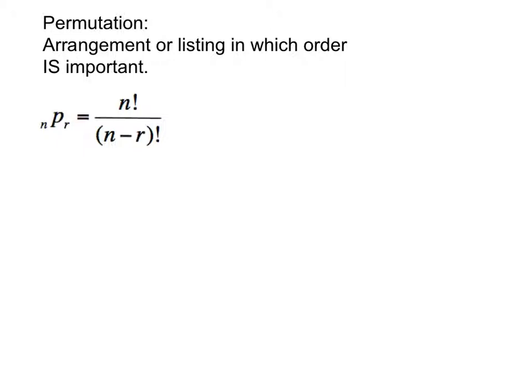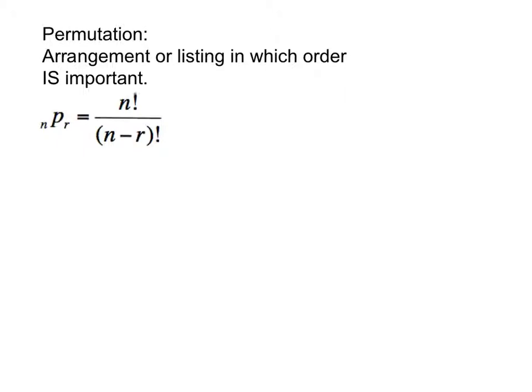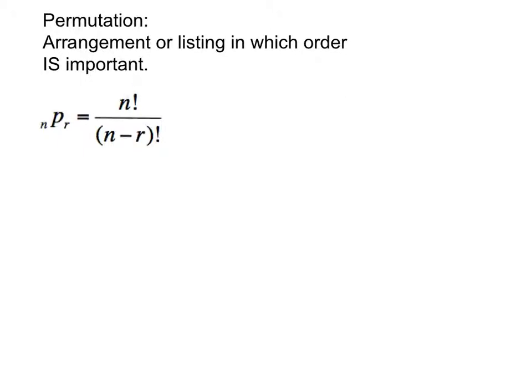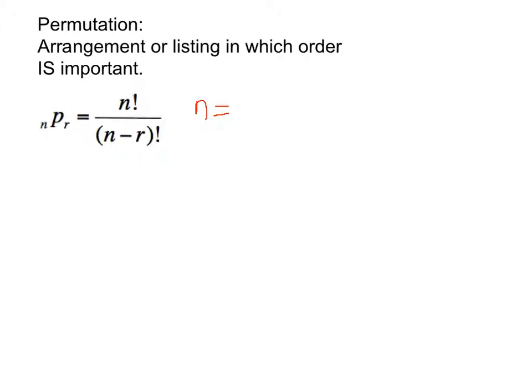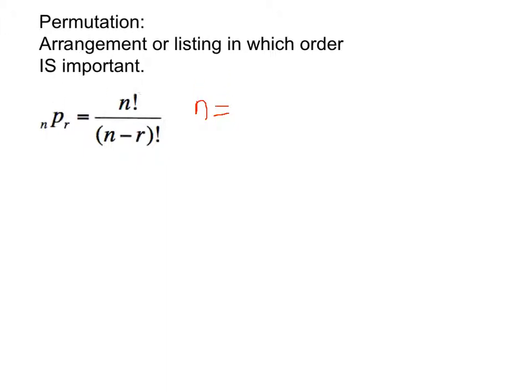We have a little n, a big P, and a little r. N is the number of things I'm going to choose. Let me be careful how I say that. N is equal to the total number.